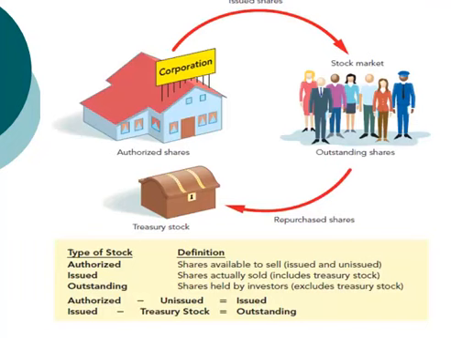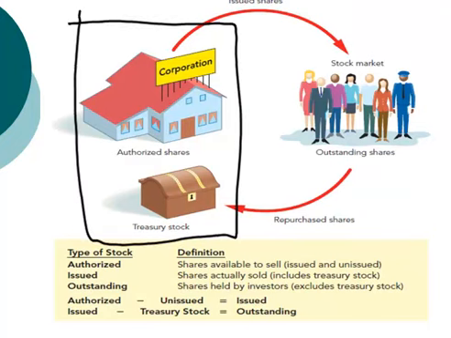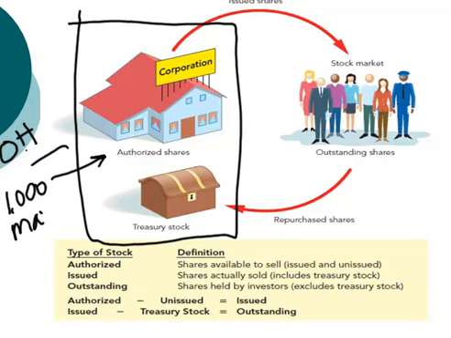Let's discuss some terms associated with the number of shares issued. If we think about the corporation, it is formed when it goes to the state, say the state of Ohio, and receives authorization to begin business. Authorized shares is the maximum number that a company could issue, say 1,000. The number issued are those that have actually been sold.